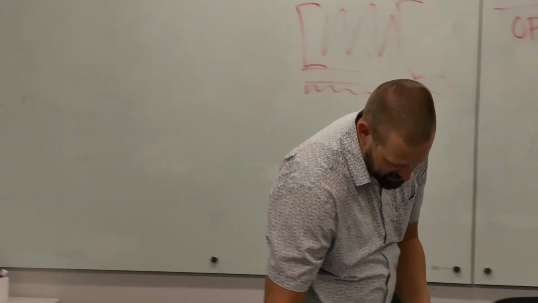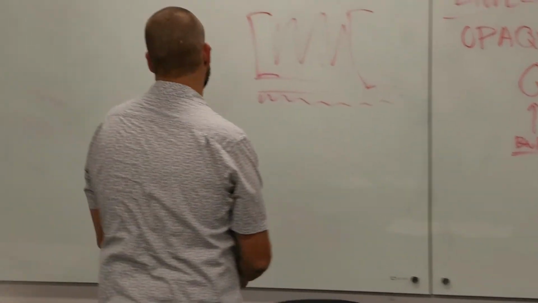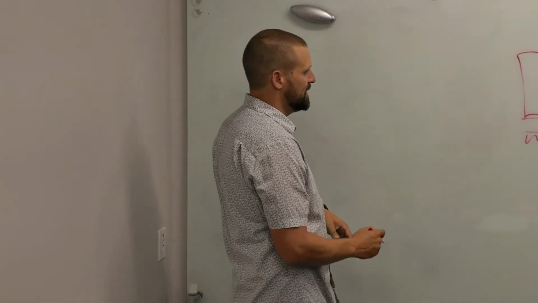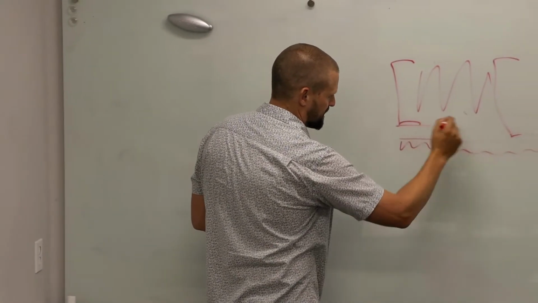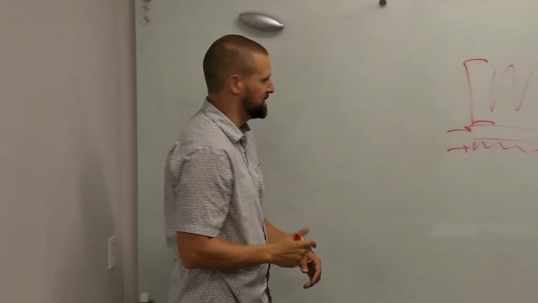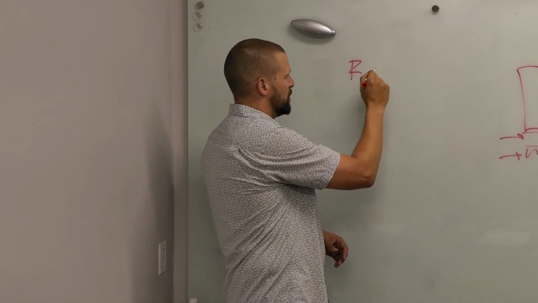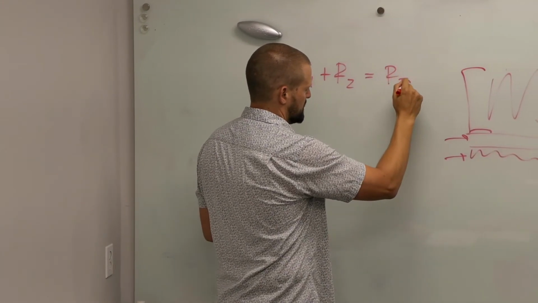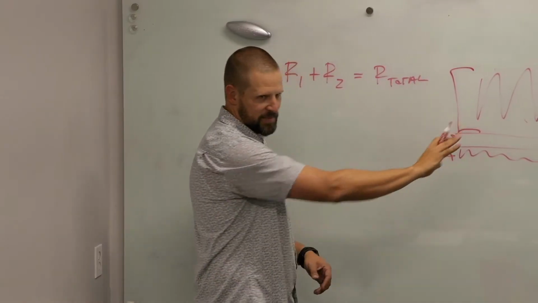When we add up this and this, it's kind of like electrical, that's in series. So that's going to be R1 plus R2 equals R total. You just add them together.